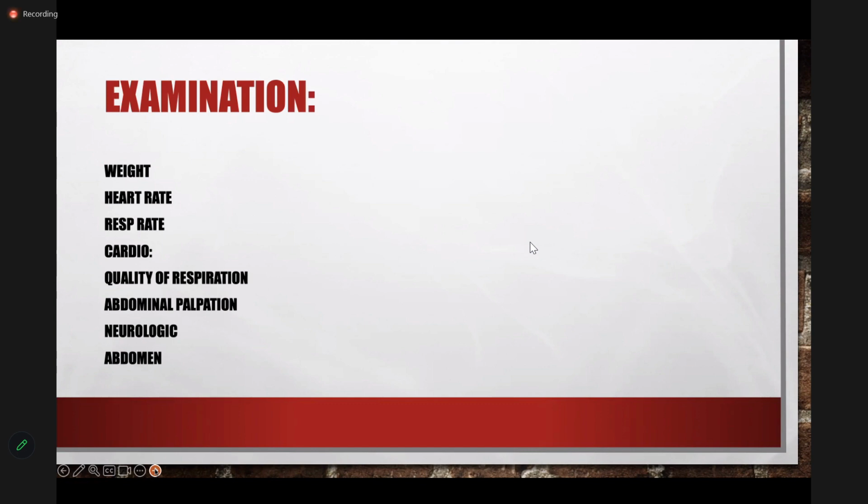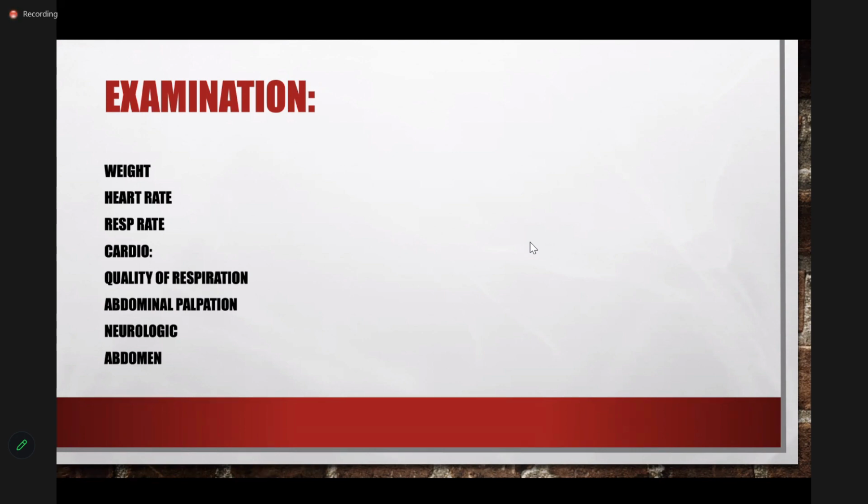Okay, so if the flaps of the valves are damaged, what happens with the blood? It alters the normal blood flow of the systemic circulation, and it creates a sound that we hear in auscultation.